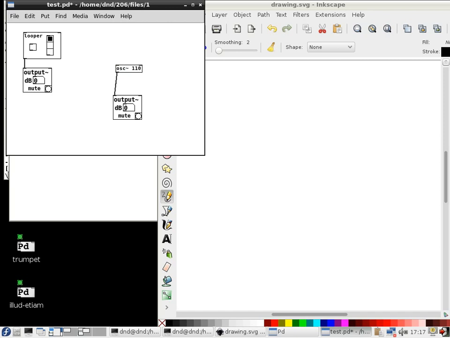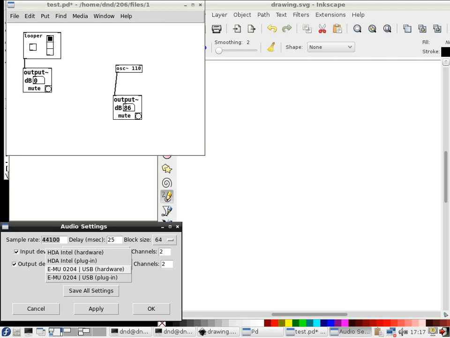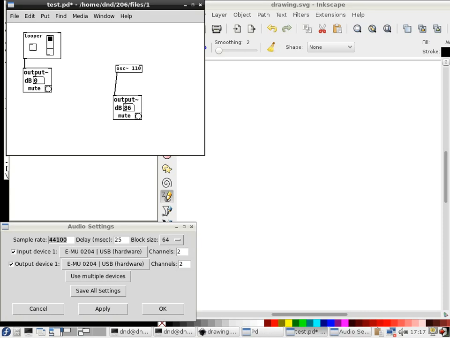All right, okay, this is a simple Pure Data patch, which does this. Except, of course, what else have I forgotten to do? Input device, I don't care, but output device I do. Yeah, and that's a bad choice of frequency. Good. All right, no surprise there.